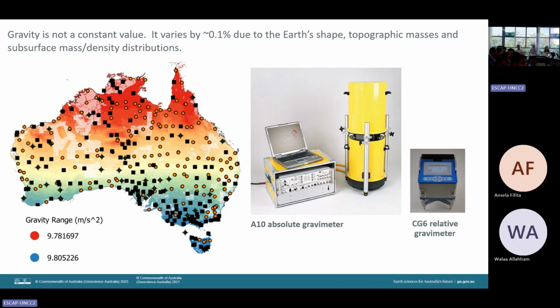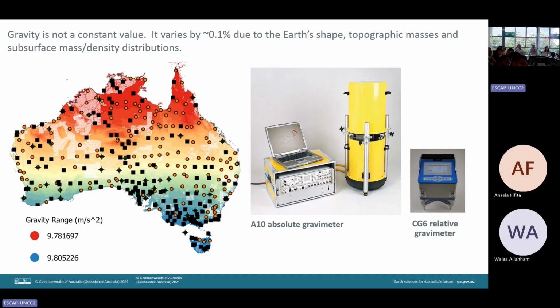It's a network of observations that's been built up over many decades, stretching right back to the 1950s. And the technology has improved over time, but it's still very much the same. They're based on springs that stretch as gravity changes, and we infer gravity from the stretch of that spring.